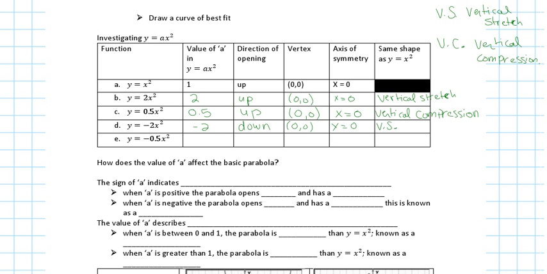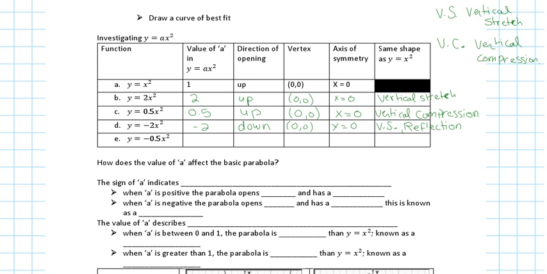So we have to state both of them when we're stating the transformation. It's a vertical stretch and also a reflection. So I would write VSR. No, you write vertical stretch, reflection by itself. They're two separate transformations. So always, if you have it opening down, I have to write both of them, right?